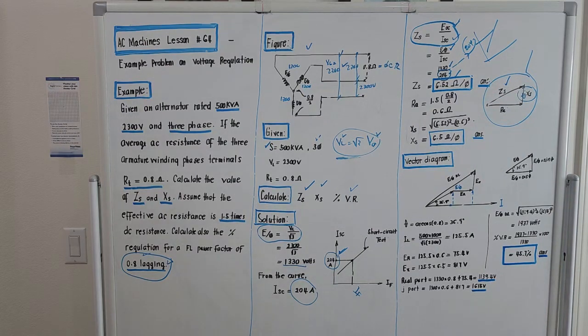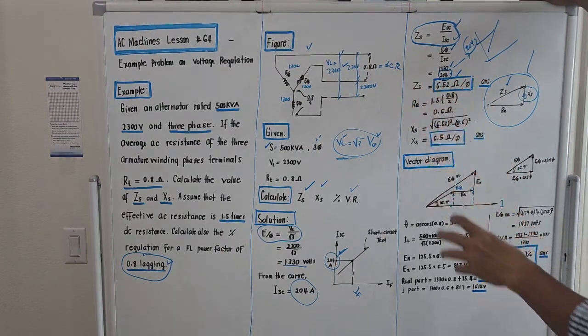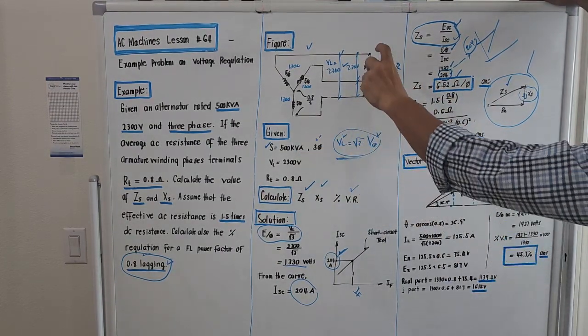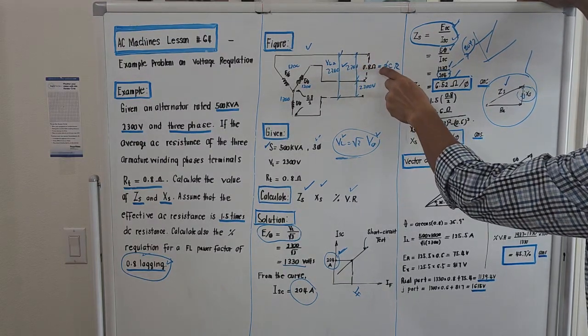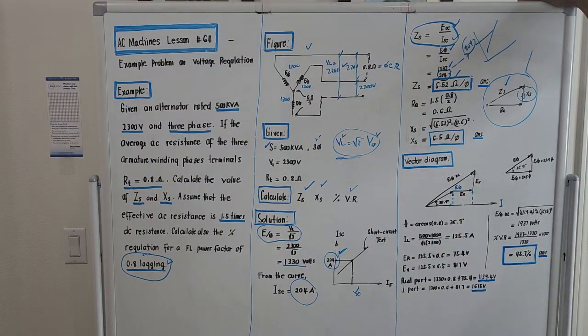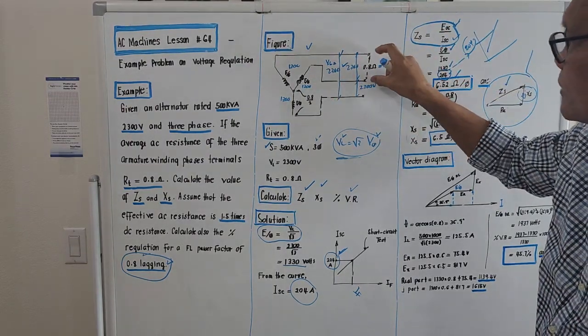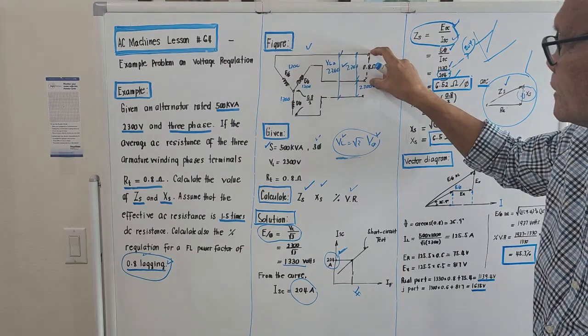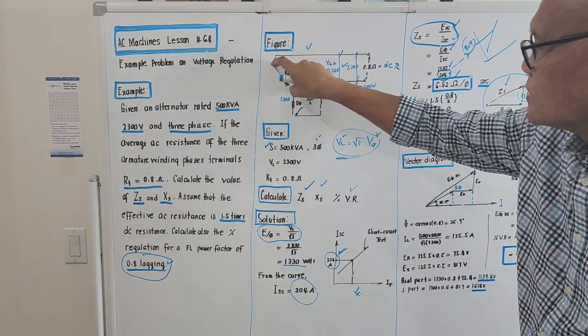Okay? And how about the armature resistance? We can now determine the armature resistance because according to the problem, the DC resistance between terminals is 0.8. And how many windings are involved between two terminals? There are two windings, right? If we measure 0.8 here, this 0.8 refers to the resistance of this plus this.